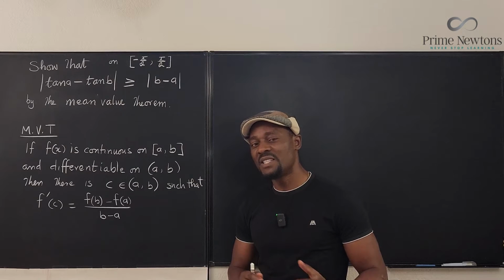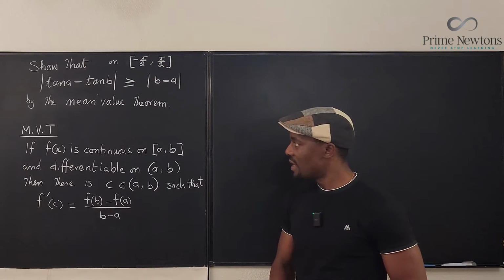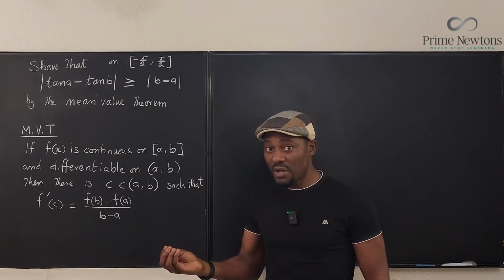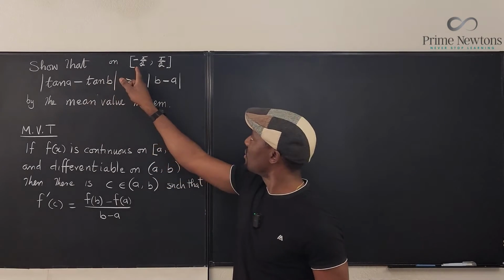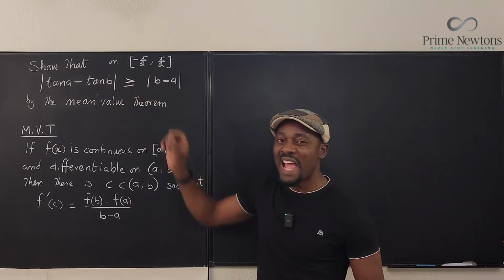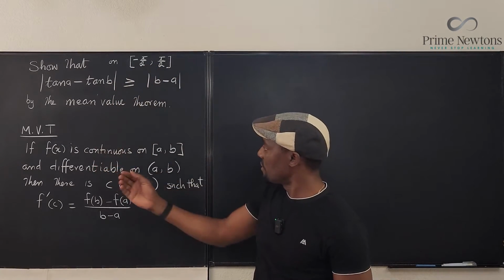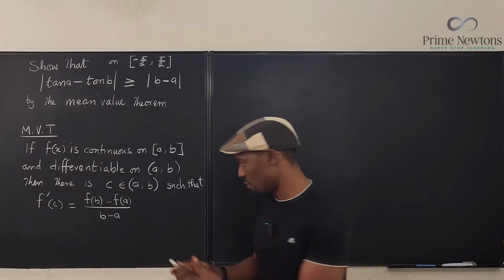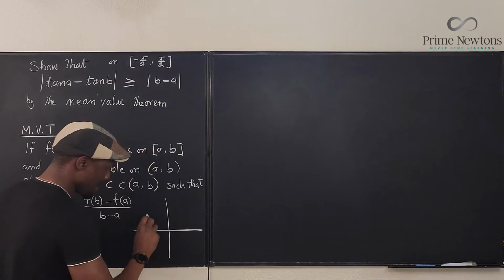So let's begin by checking the conditions for the mean value theorem. It says that you have a function. If that function is continuous on this interval, we know that tangent is continuous on this interval, and it's differentiable on the open interval, which is from negative pi over 2 to pi over 2. So this is the graph of tangent.